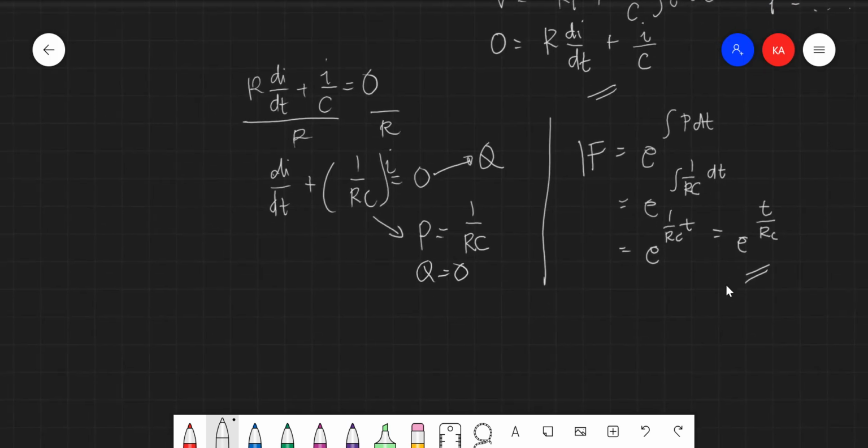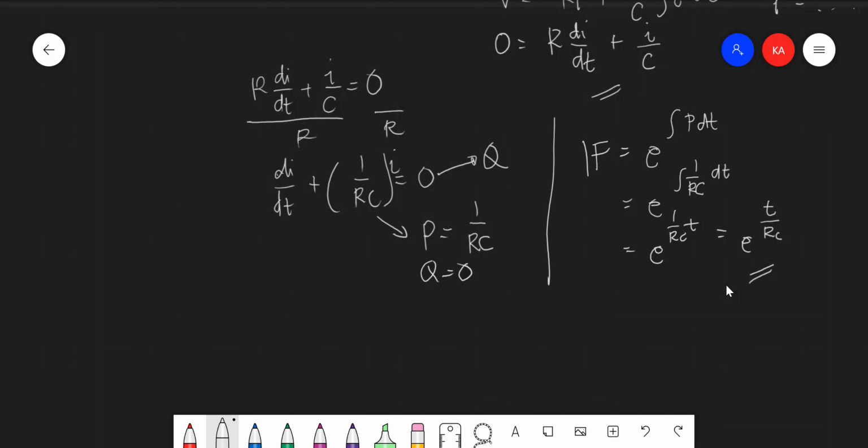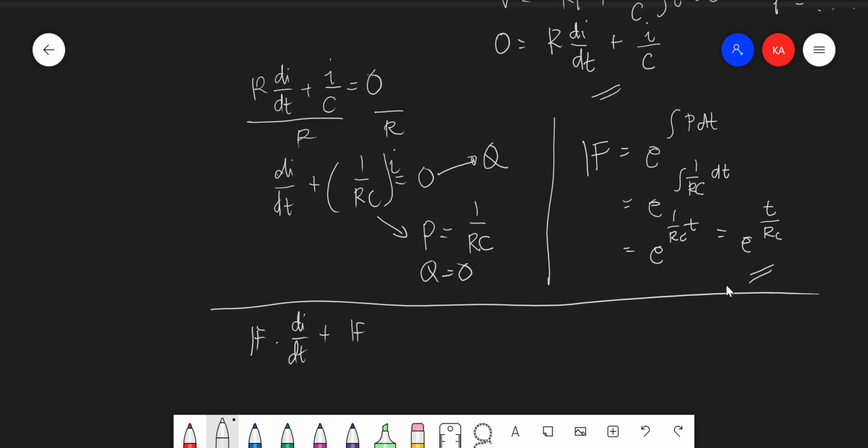In the integrating factor method, we have to multiply this integrating factor into the equation. It means that IF times di per dt plus IF times 1 per RC times i equals 0 times IF, like this one, right?